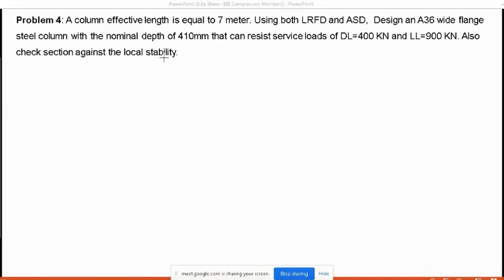With the nominal depth of 410. So meron na tayo actually depth dito. Sinabi na sa problem natin na meron yung depth natin, which is 410. Specified na ang depth ng section natin is 410 dapat.